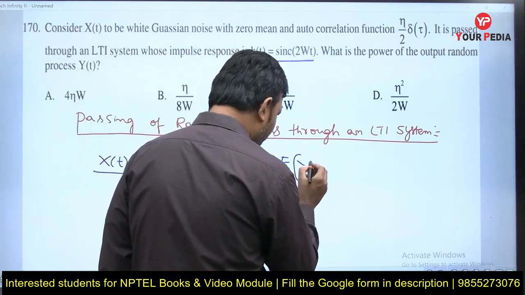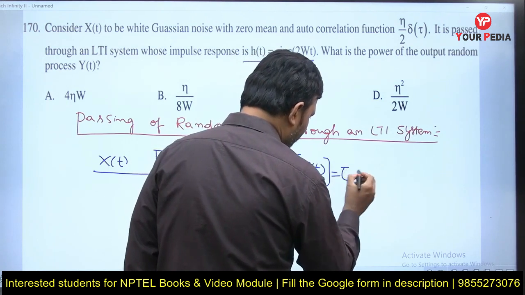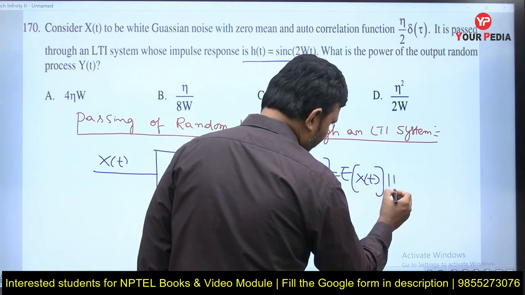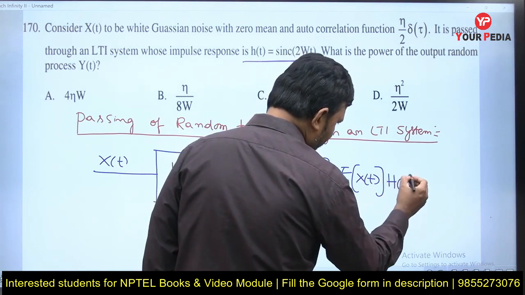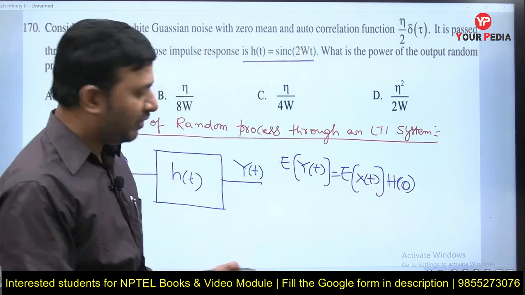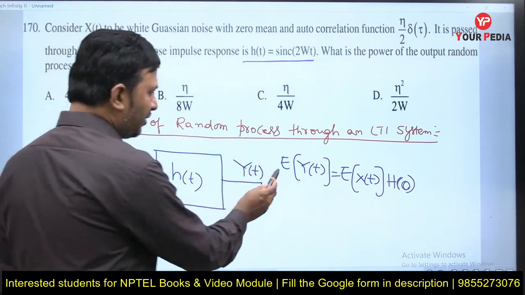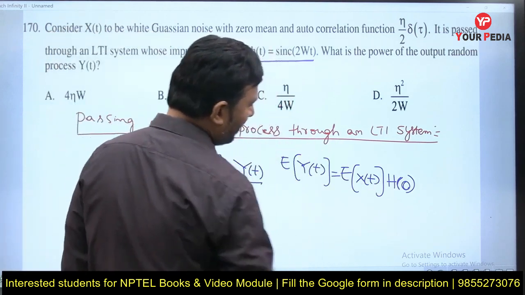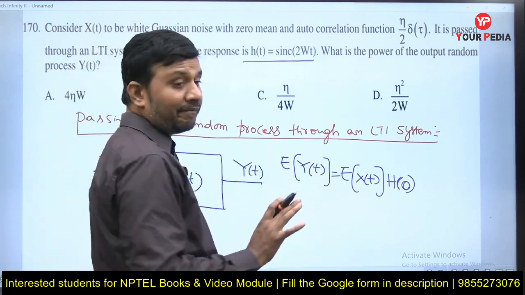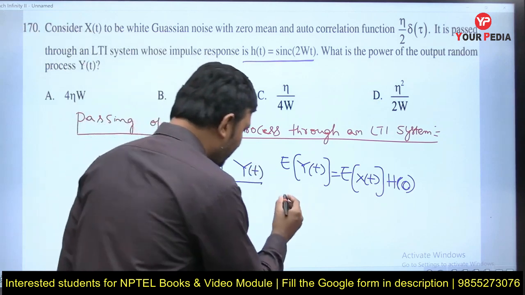Expectation of y of t is expectation of x of t multiplied with capital H of 0, the zero frequency response.